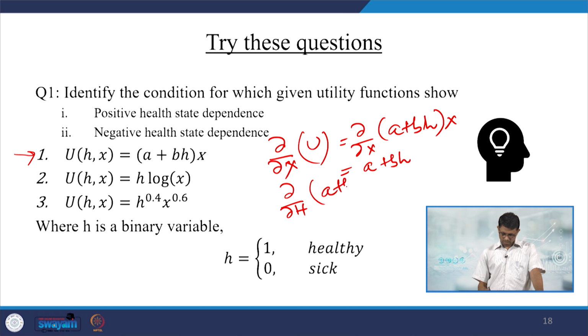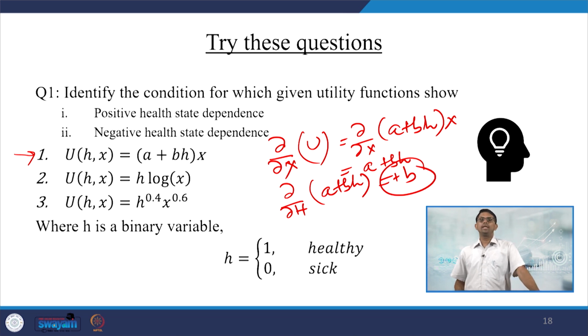So a plus bh. Now you will find b is the answer. In this case, plus b is the answer. Depending upon the value of b, we usually consider it a positive coefficient. So it is positive, as simple as that, if b is positive. So when it is positive, what is the answer?